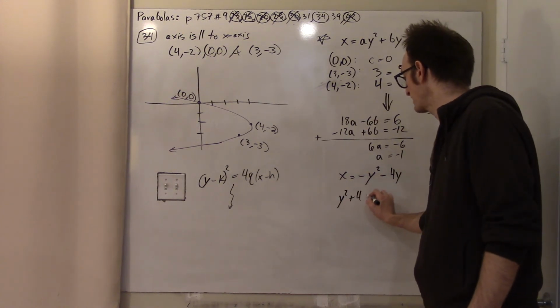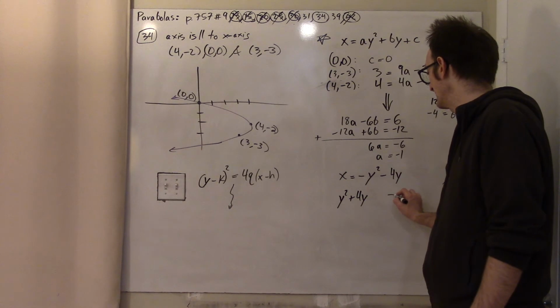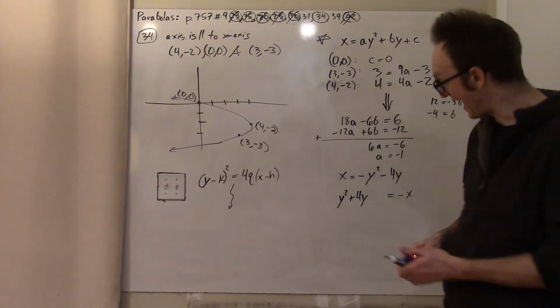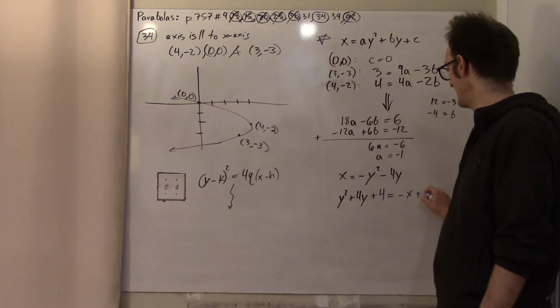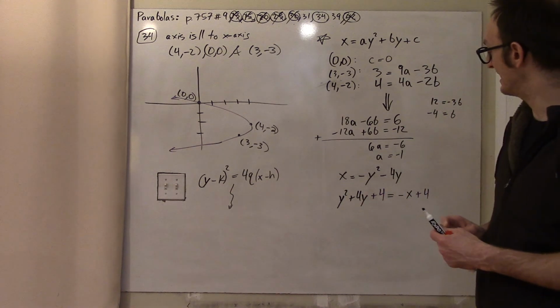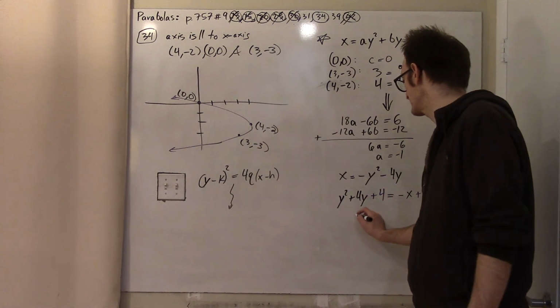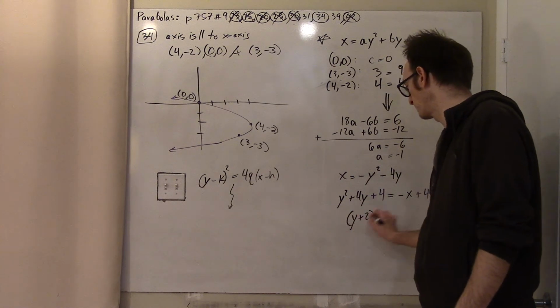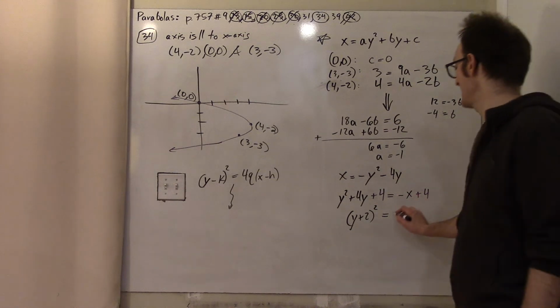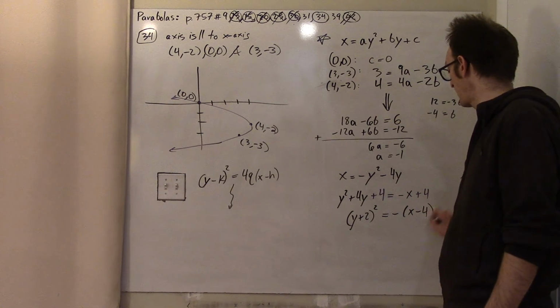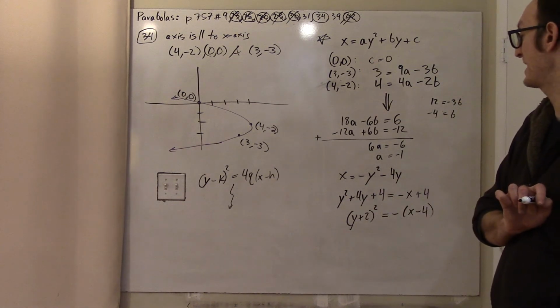So that's y squared plus 4y equals negative x. Now I will add 4, and I'll add 4 over here as well. Now, writing this as y plus 2 squared equals negative x minus 4.